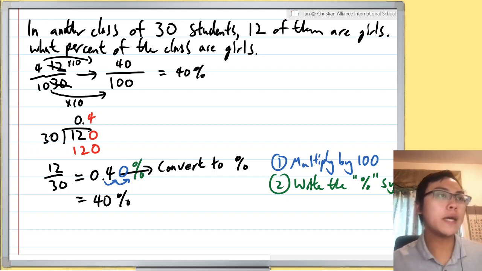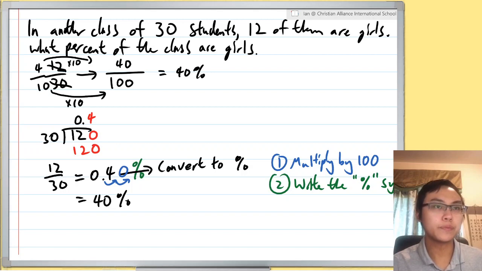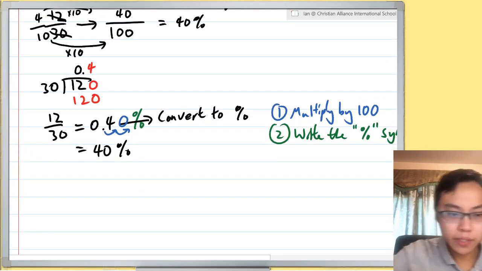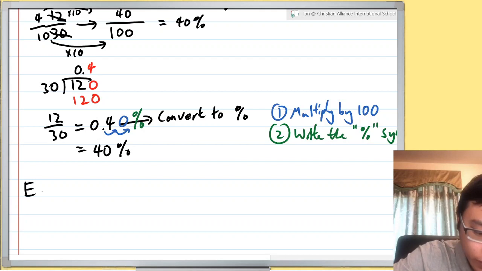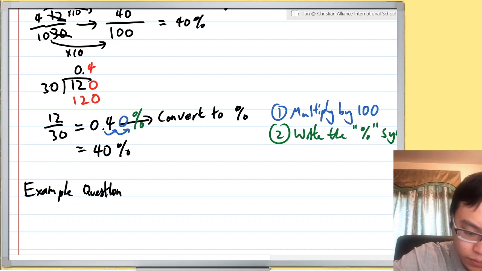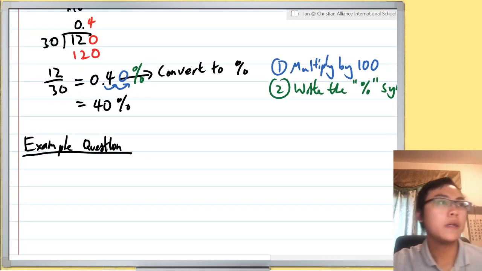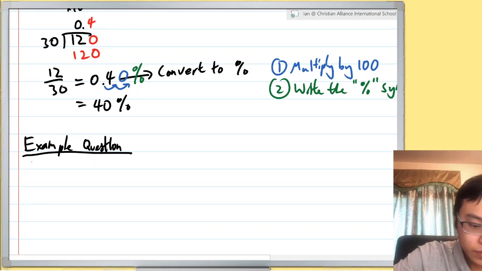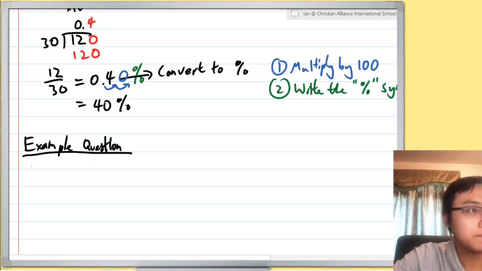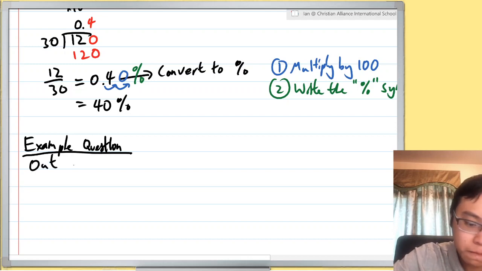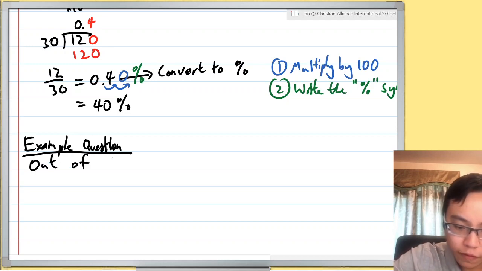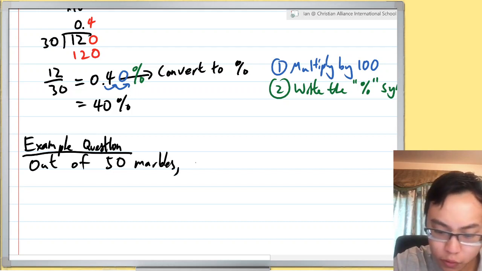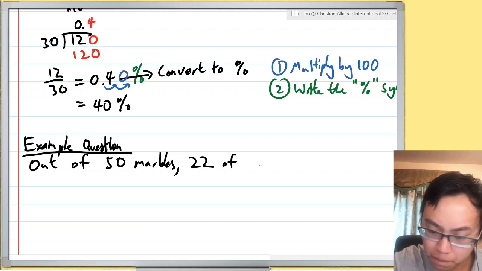So let's look at some example questions. Let's say that out of 50 marbles, 22 of them are blue.